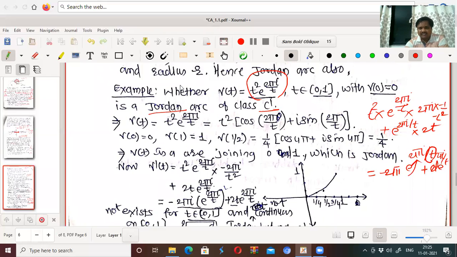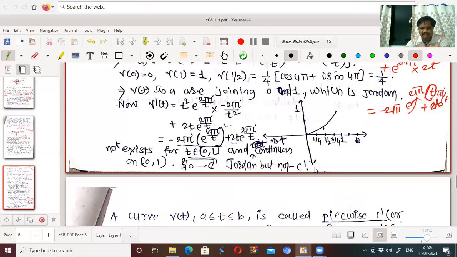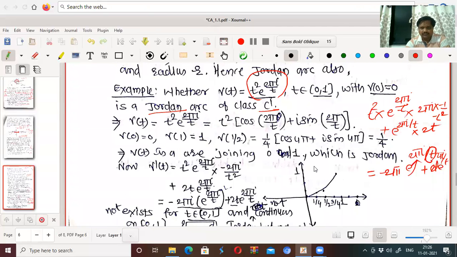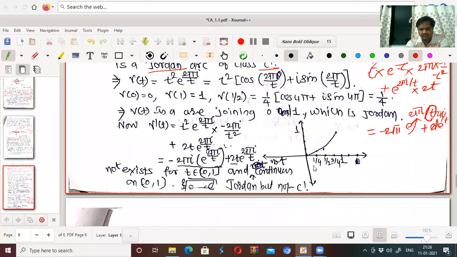Because the points on gamma t do not intersect themselves. The diagram is of this type. For this lecture we'll stop here and in the next lecture we'll see some more concepts.